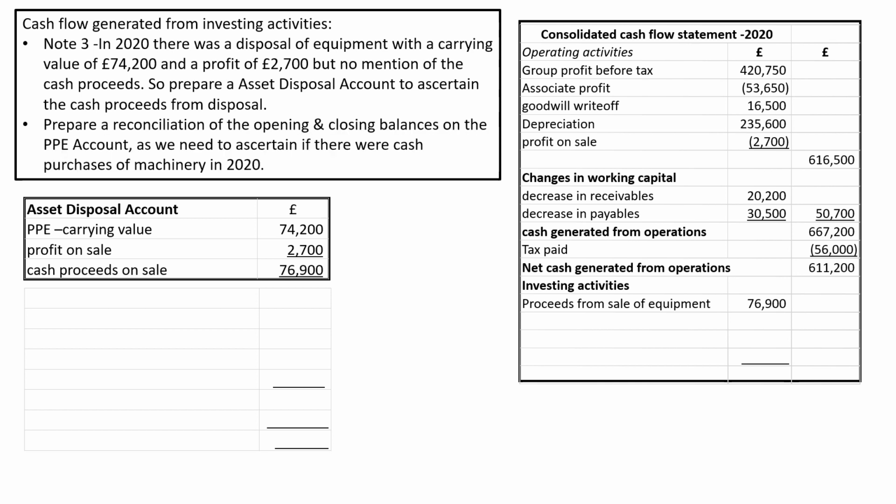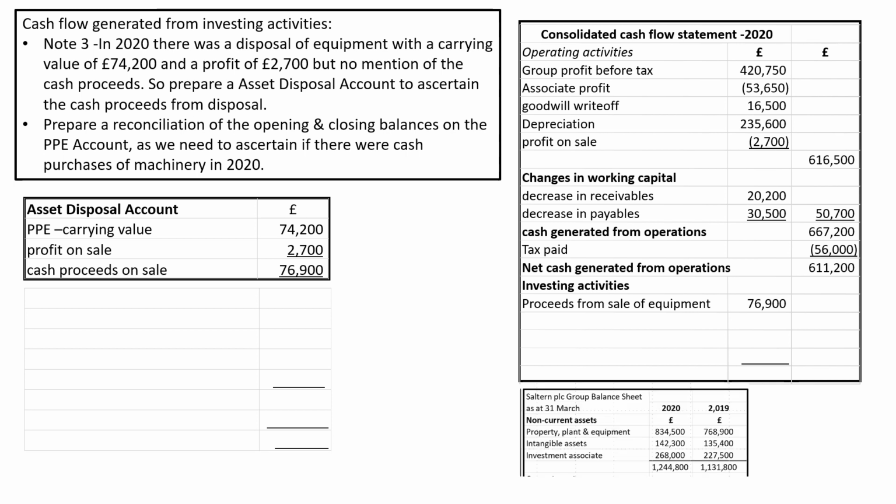Right. Secondly, we have to prepare a reconciliation of the opening and closing balances of the PPE account, purchase plant and equipment, as we need to ascertain if there was any cash purchases of machinery in 2020. Again, we have to see what data we need to use.